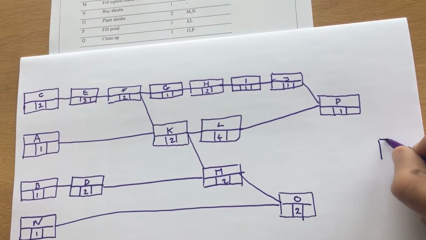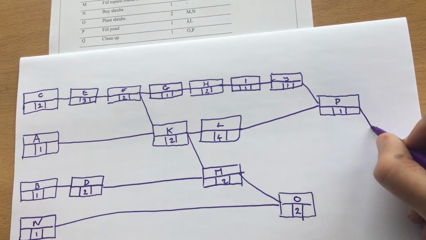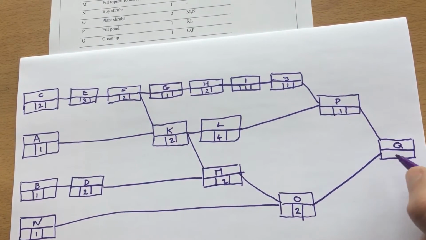So when we clean up, we are going to need Q, and we've got P and O that go into it, and the cleanup is going to take 1.